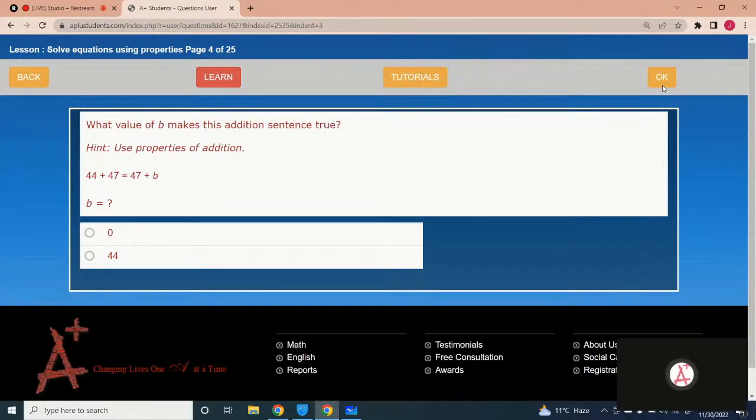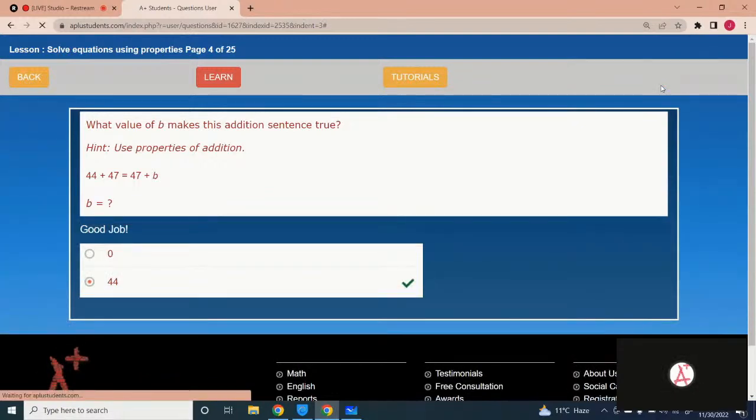So which number is B? Yes, it would be 44 because at this side you have two numbers, 44 and 47. Here you are left with just 47. That means that B is 44. Got it?